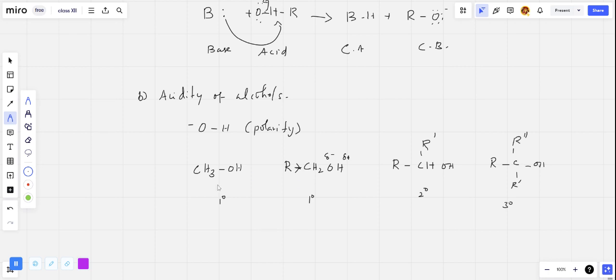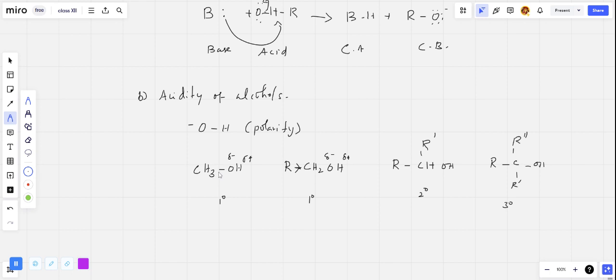If we are comparing these primary alcohols, here there are no alkyl groups. So here it is negative and this one is positive, so H plus will be easily released. If H plus is released, that has acidic character. If any solution has H plus, it is termed acidic.